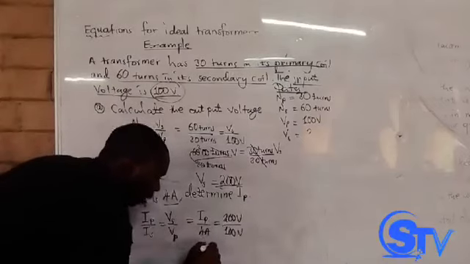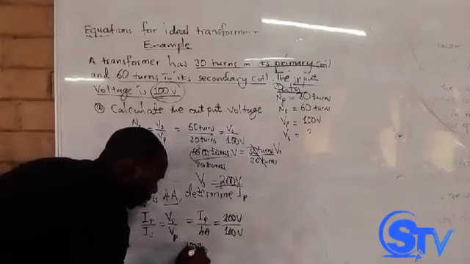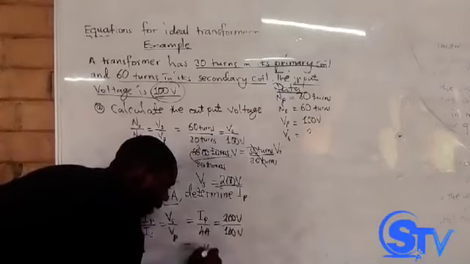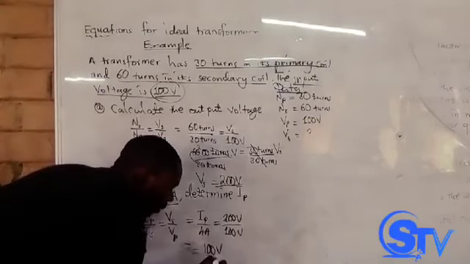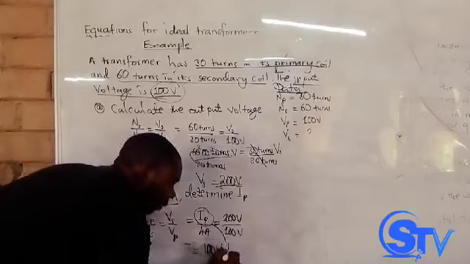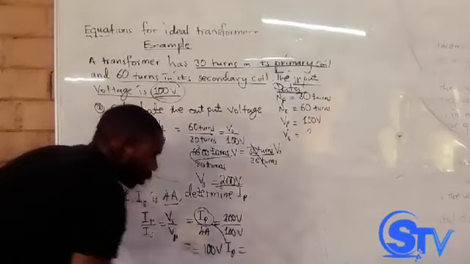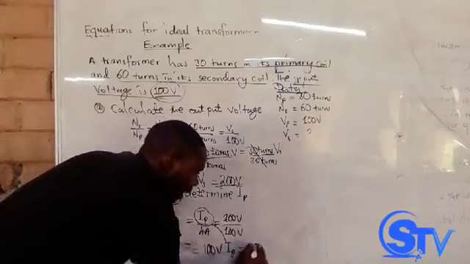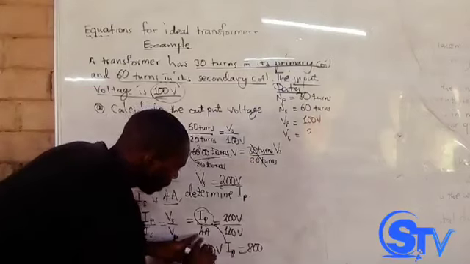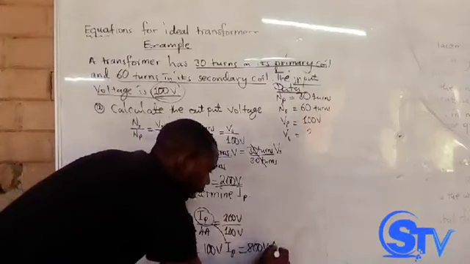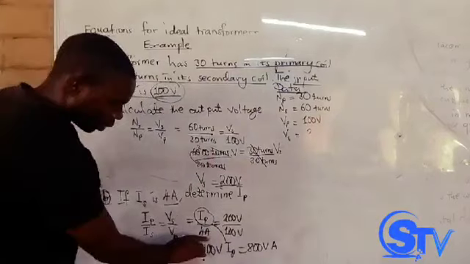So you have 100 volts times the current in the primary, which is equal to 4 times 200, that is going to be 800. That is 800 volt-amps.